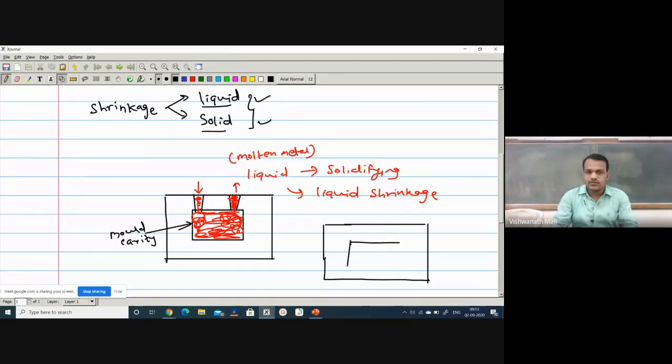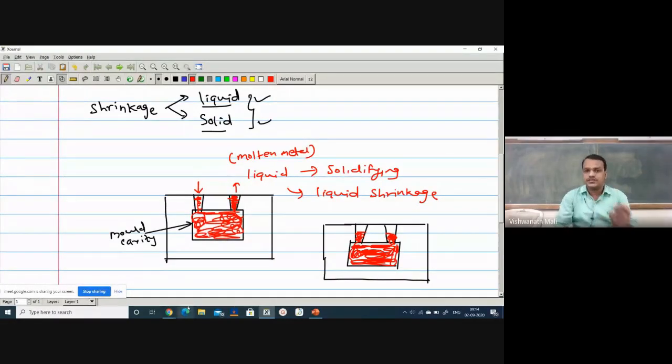So here is our mold, and in this the liquid molten metal is shrinking. So that liquid metal we get from the riser as well as the gating system. Now see, due to the liquid shrinkage, whatever molten metal is there in the gating system as well as in the riser, we will use that liquid metal.